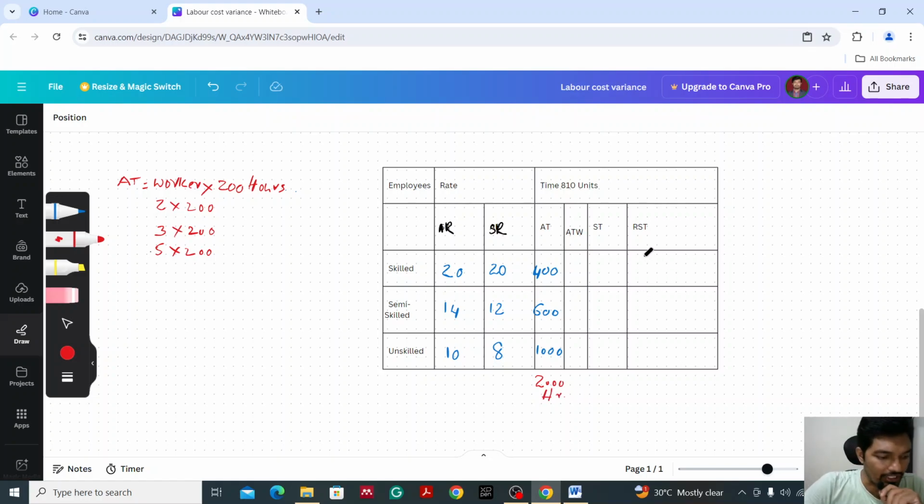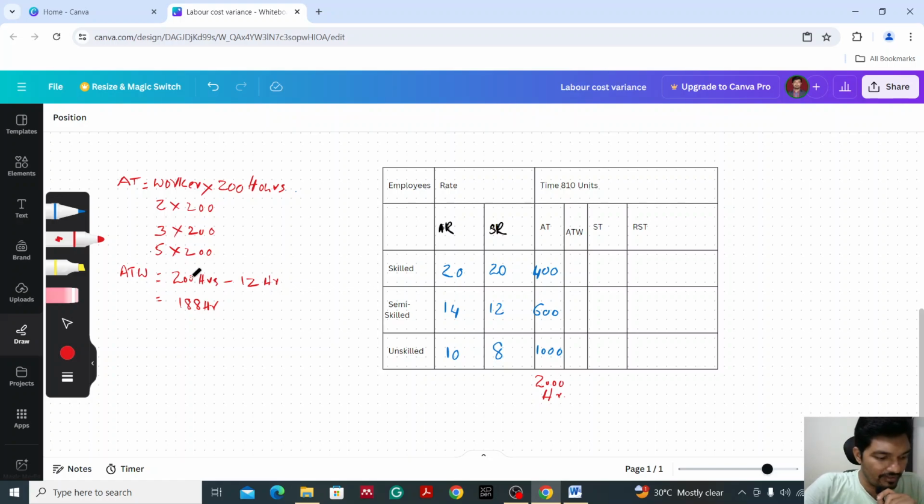Now coming to actual time worked, how to calculate the actual time worked? In this sum, the total number of hours is 200 hours in a month minus the idle time given in the sum, 12 hours due to the machine break. So the actual time worked by each labor is 188 hours, right?